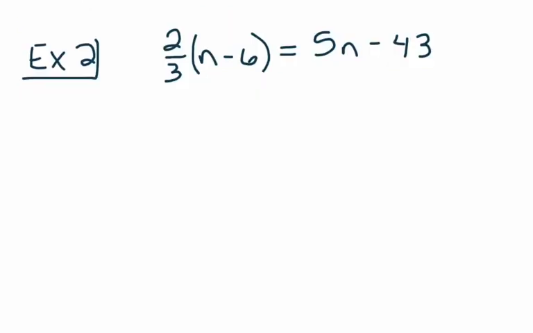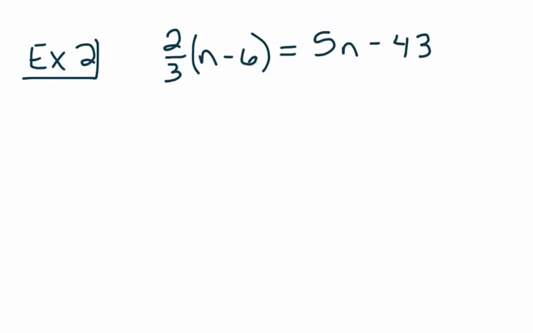Alright, so for our second example, we have 2/3 times the quantity n minus 6 is equal to 5n minus 43. Now this is not a special case because if we were to distribute this 2/3 into this n minus 6, then we would still end up with a fraction.